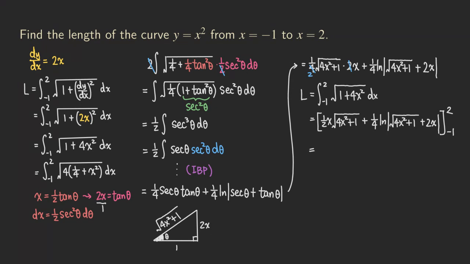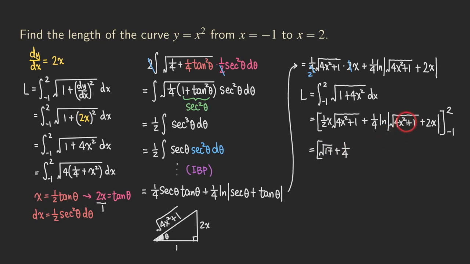So now we are going to start plugging the 2 in there, right? So if you plug the 2 in here, then you're going to get 1 half times 2, you get 1. Plug the 2 in here, you get 2 squared, which is 4. 4 times 4 is 16, plus 1 is 17. Well, actually, it will be the square root of 17. And then plus 1 over 4.